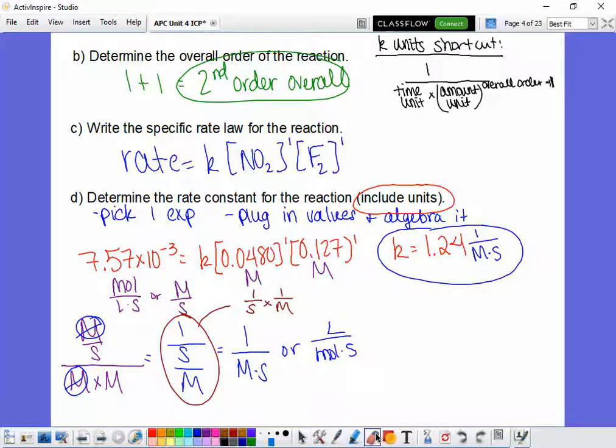So 1 over your time unit times your amount unit to the overall order minus 1.